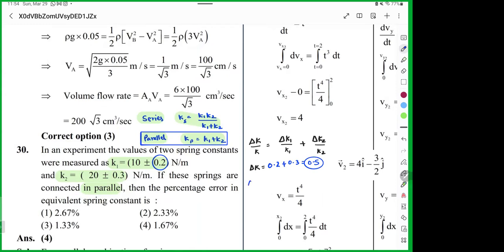You have to calculate the percentage error: delta k by k multiplied by 100, 0.5 divided by the original value. Because the original value is simply added, k1 plus k2, 10 plus 20 will be 30. Understood? Delta k we calculated. How to calculate k value? Simple addition of both. K1 value was 10, K2 value was 20, total is 30.